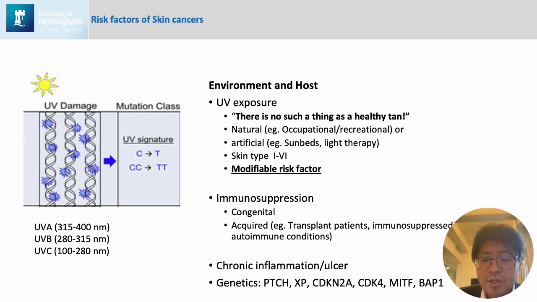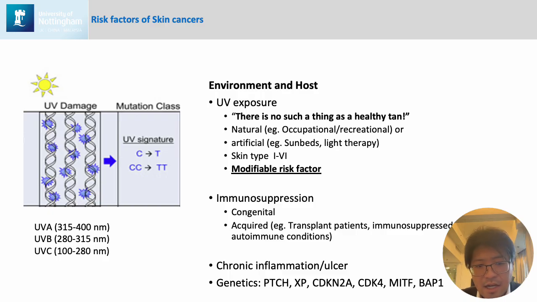For example, patients with renal or heart transplants are on high doses of immunosuppressive treatment, which means that the immune system loses the ability to screen out early damage to the DNA and remove the damaged cells, and therefore mutations accumulate and become cancers. Chronic inflammation or ulcers mean that the local tissues will have high oxidative stress, and that will cause DNA damage, and accumulation of that can lead to cancer.